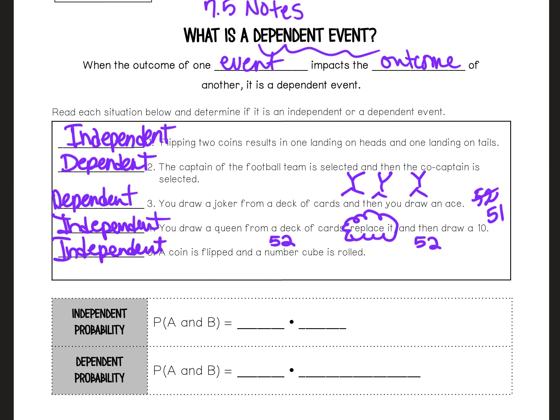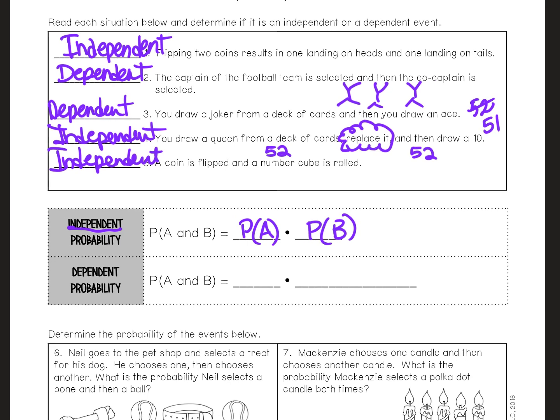So, like we saw in independent, which is what we've been doing thus far, when you have replacement or they're separate objects, you find the probability of A and you multiply it times the probability of B. They have the same number of total outcomes present as they did before you did A. But when it's dependent, you're going to find the probability of the first event, and then you're going to multiply it times the probability of the second event after the first event.